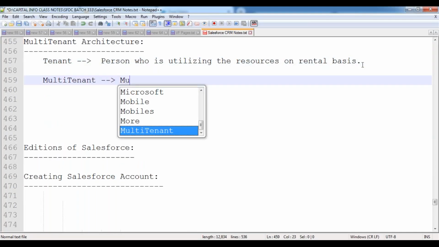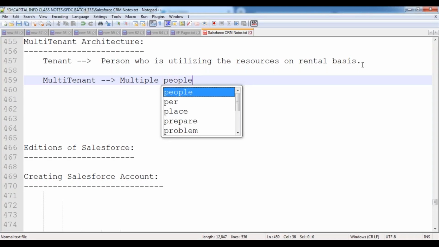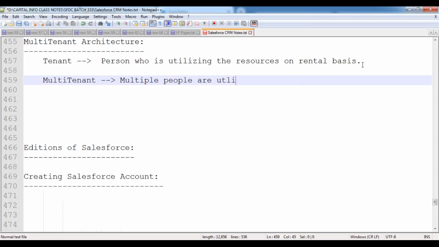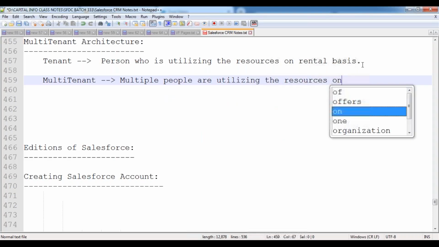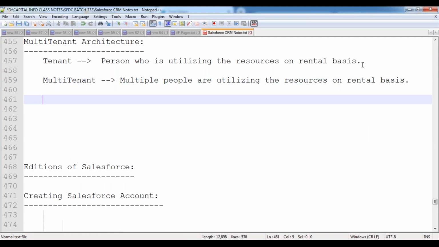So in this case, multi-tenant means what? Multi means multiple tenants. That means multiple people are utilizing those resources on rental basis.